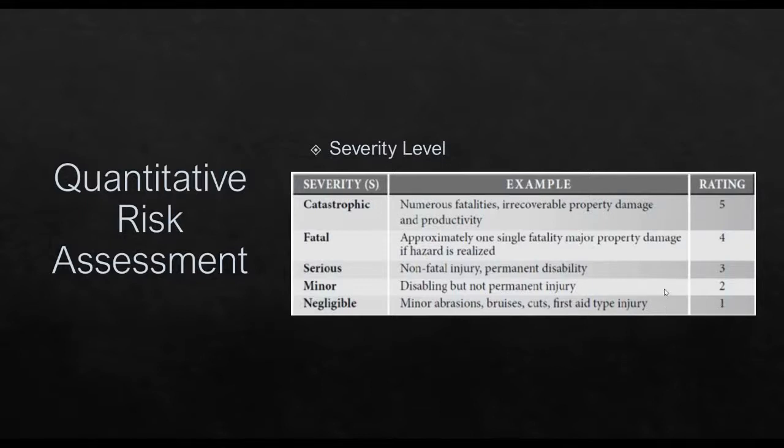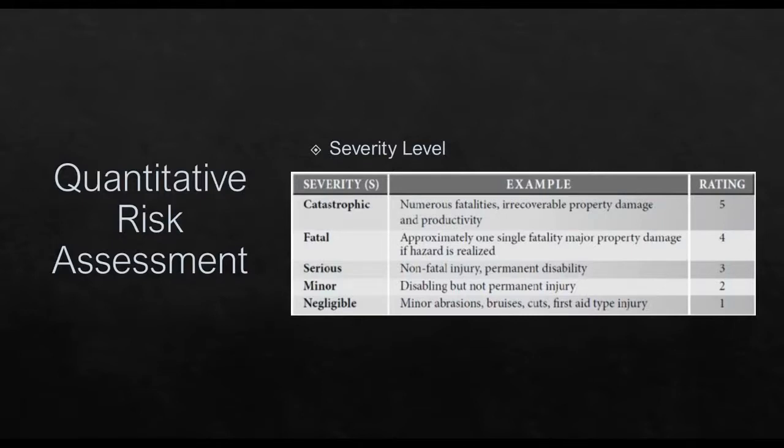The highest severity rating is number 5, which is if this severity level is a catastrophic level, so numerous fatalities and irrecoverable property damage and productivity. This is the most huge or most severe that might happen.